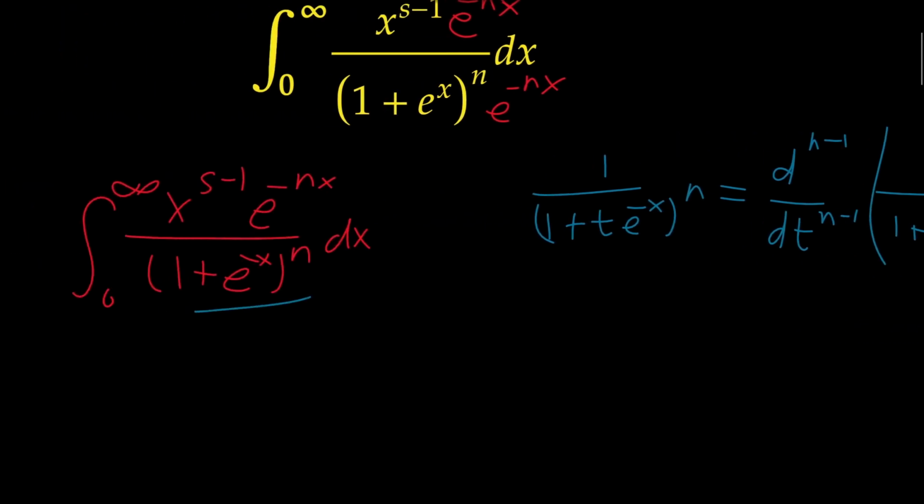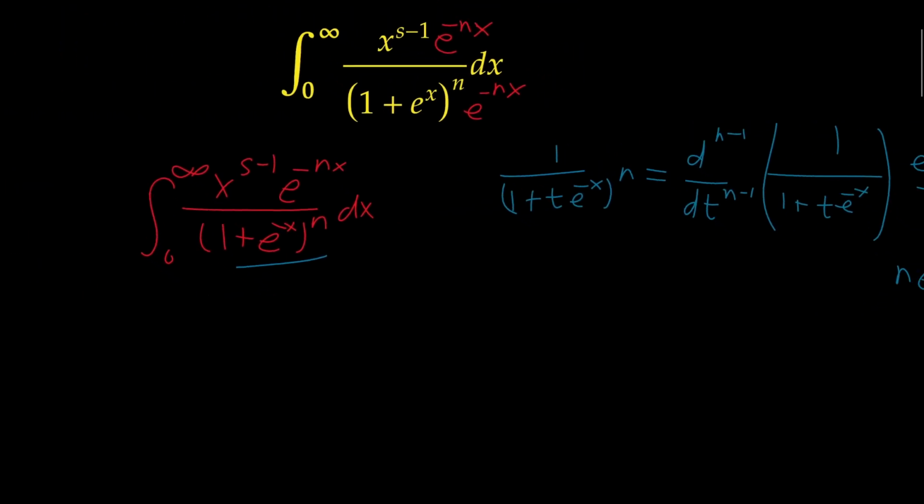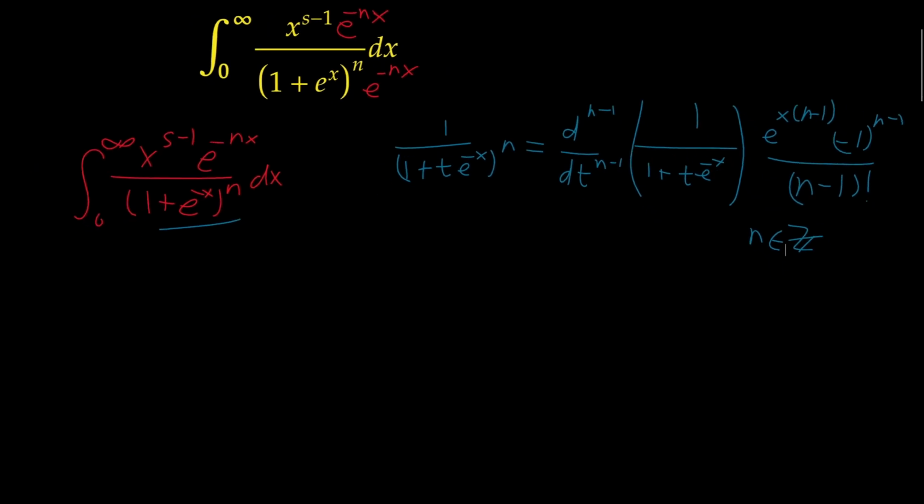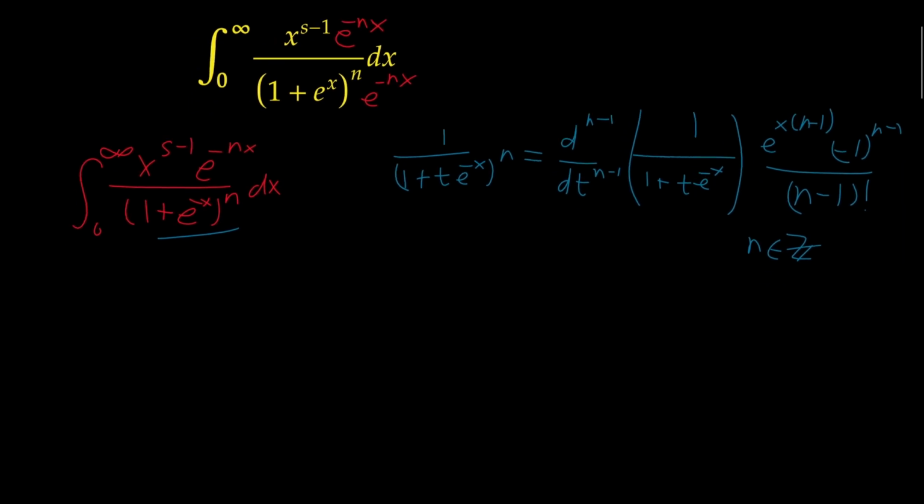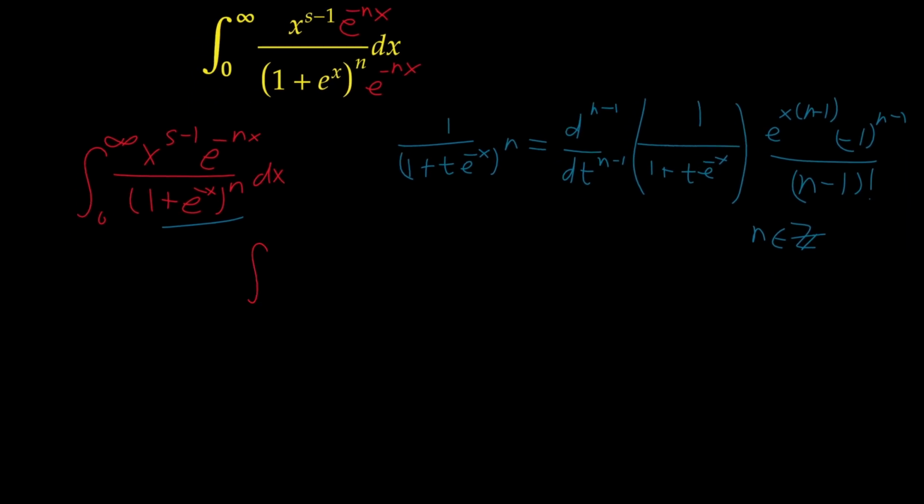But anyway, what we can do is essentially substitute this fact in, and we'll just put the derivative outside of the integral. So our integral becomes something quite long, but we'll simplify. We have the integral from 0 to infinity still of x to the s minus 1 times e to the minus nx here. And then I'll write all of our extra factors now in blue.